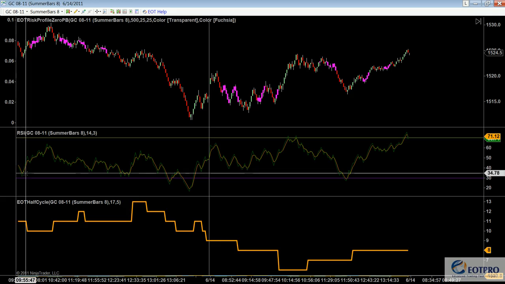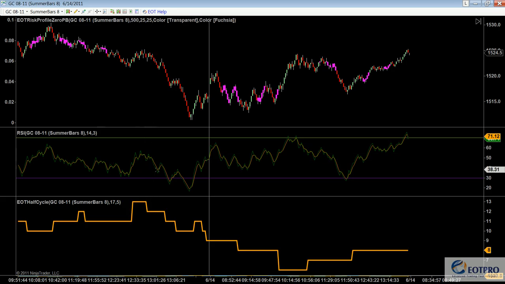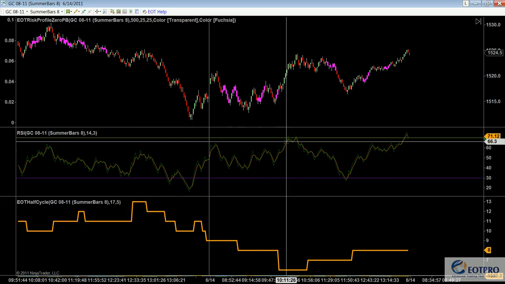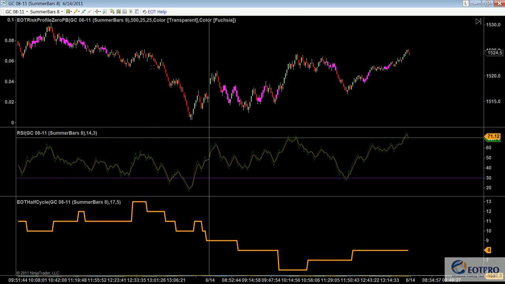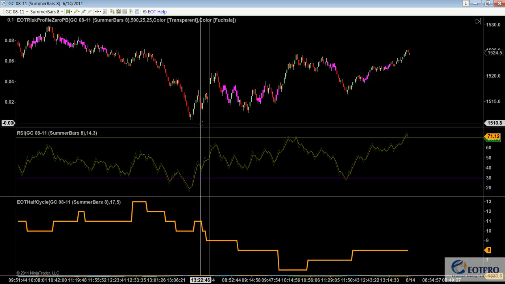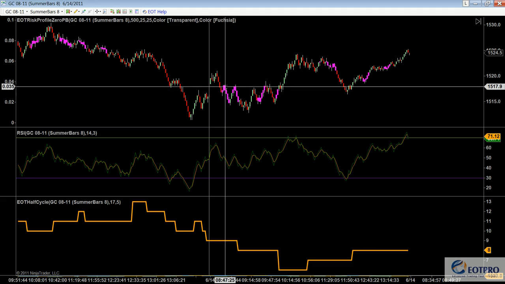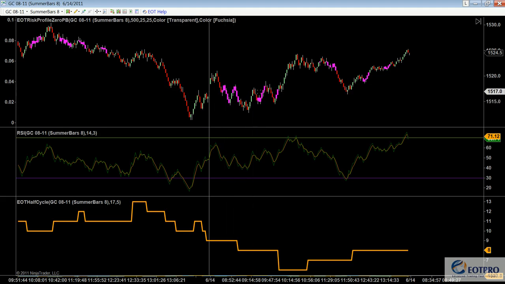So also here on the chart I have the RSI indicator, just the stock indicator from NinjaTrader. Okay, so what are cycles? Cycles are basically the moves and the pullbacks in the markets, and they can tell you things.